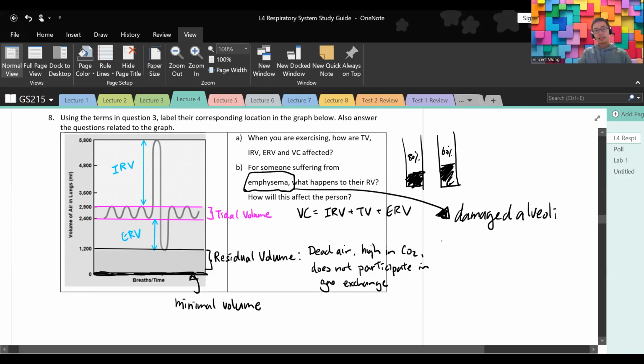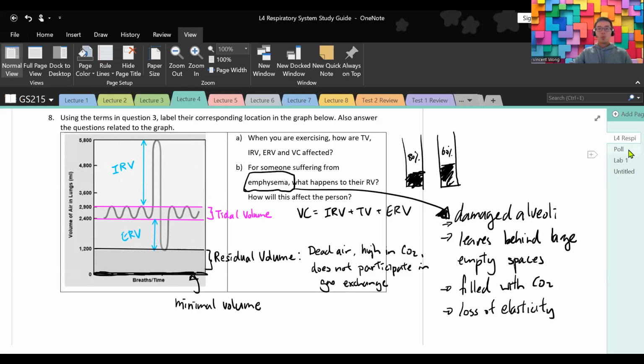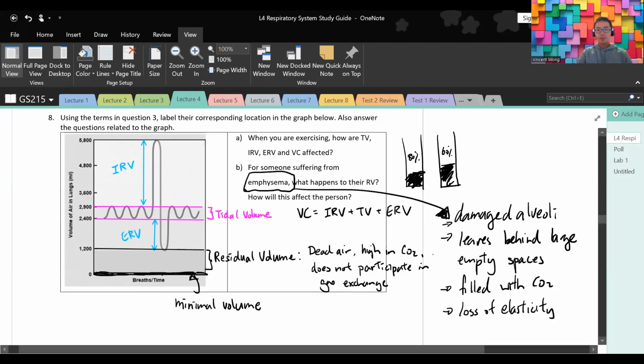It leaves behind large empty spaces filled with CO2. And when you damage the alveoli, you also have loss of elasticity. So collectively, all these things will increase the residual volume.